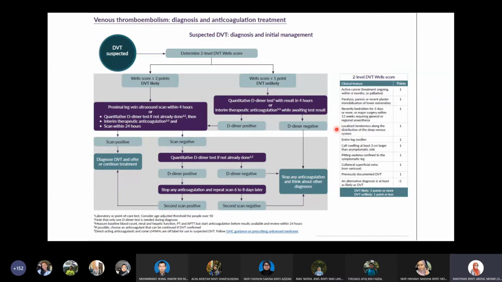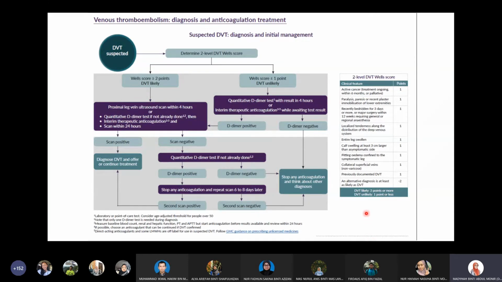Alright, when the patient has any of the presenting signs and symptoms, like tenderness, swelling, pitting edema, or a previous history, for each of these they will give the patient 1 point.